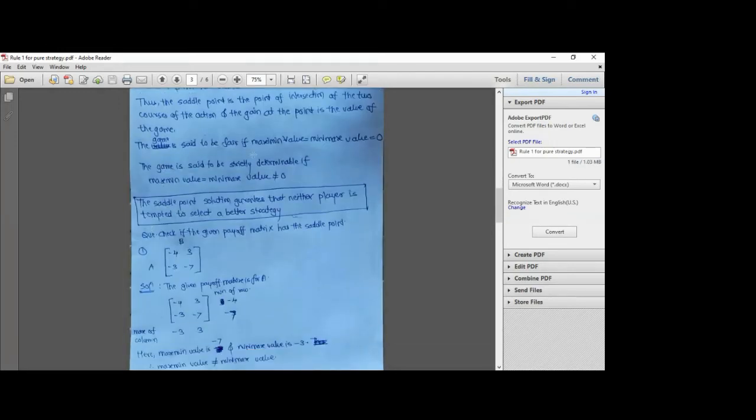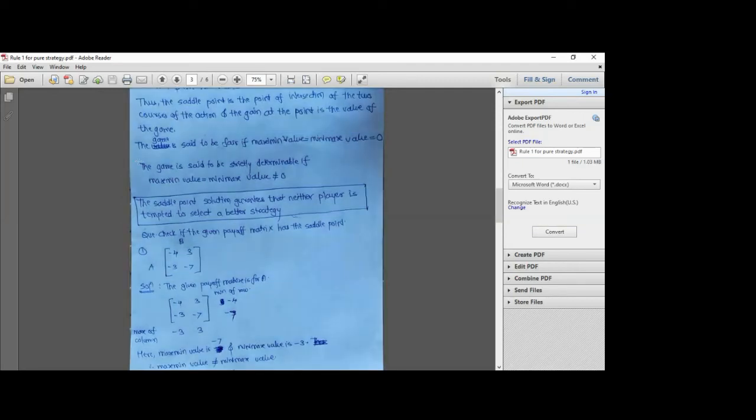So now they have also given one differentiation. The game is said to be fair if my maxmin value is equal to the minimax value, which is equal to 0. That we call a fair game, right.